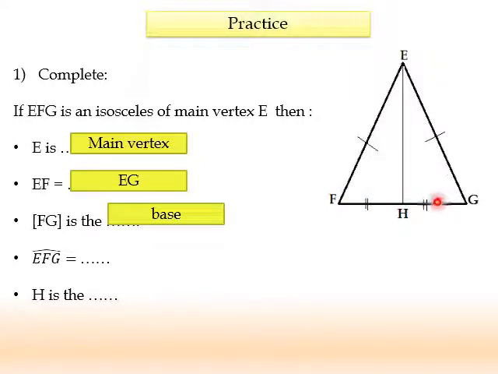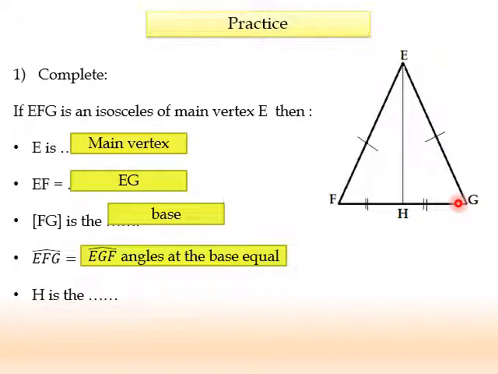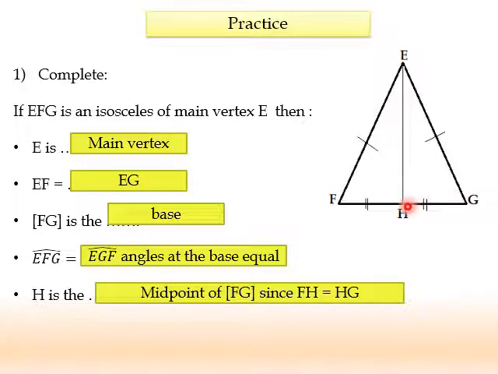It's adjacent to the base. So EFG equals EGF since the base angles of an isosceles triangle are equal. And H is the midpoint of FG since FH equals HG. And we can say that H is the foot of the perpendicular since EH is perpendicular to FG at H.